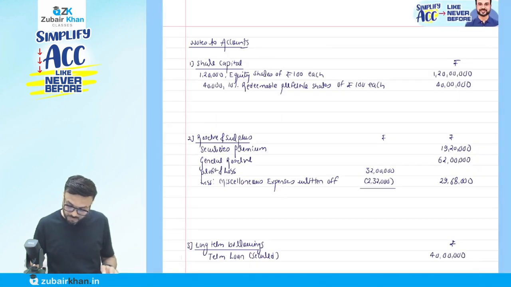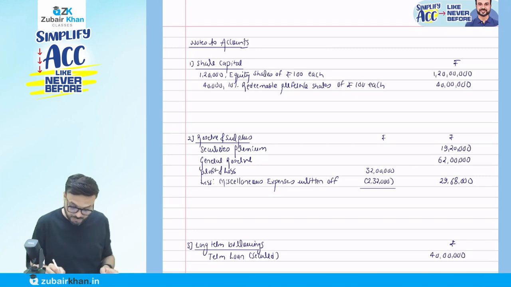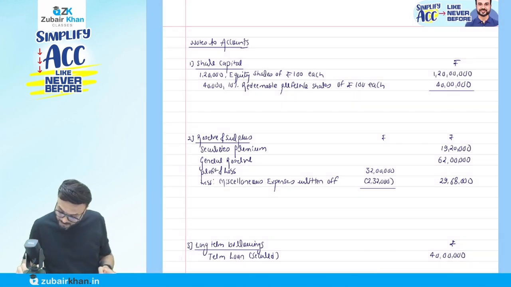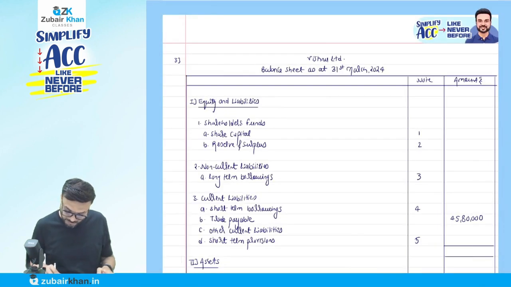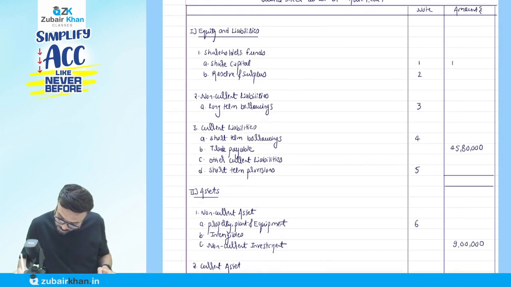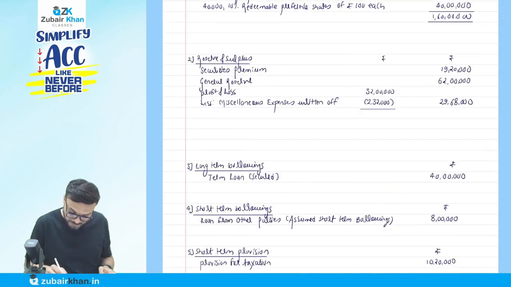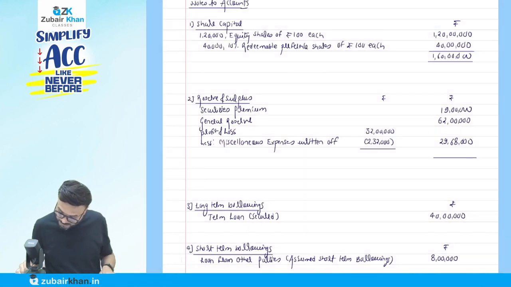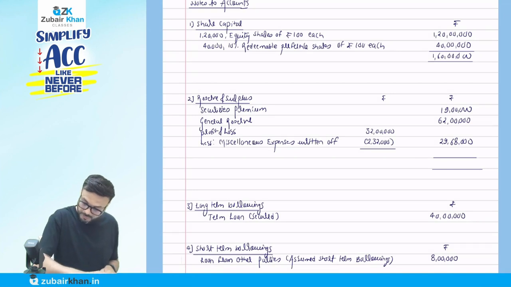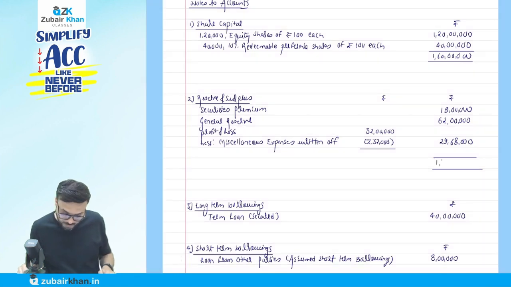Okay, now we just have to do the total and write it down in the balance sheet. So one by one. First we have 1 crore 20 lakhs and 40 lakhs, that is coming 1 crore 60 lakhs. So write down in balance sheet 1 crore 60 lakhs. Then reserve and surplus. The total of this reserve and surplus, 19 lakh, 62 lakh, 29 lakh 68,000, that is coming here 1 crore 10 lakh 68,000.